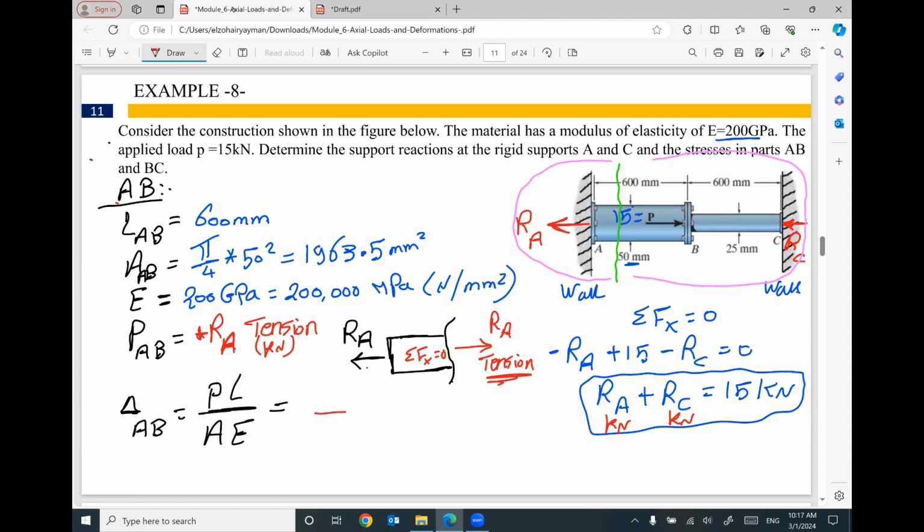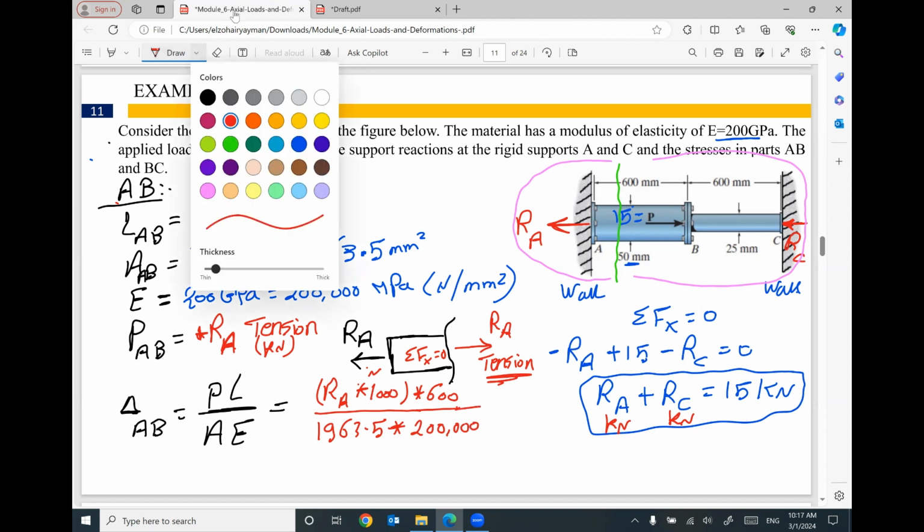Then I can say the elongation or the axial deformation in part AB will equal the applied force in this part, RA times 1000 to be in Newton, times the length of this part, 600 millimeter, divided by the area 1963.5 times the Young's modulus 200,000 Newton per millimeter squared.